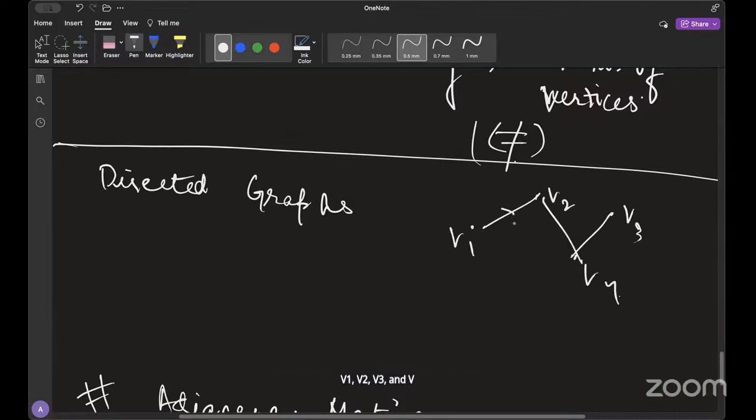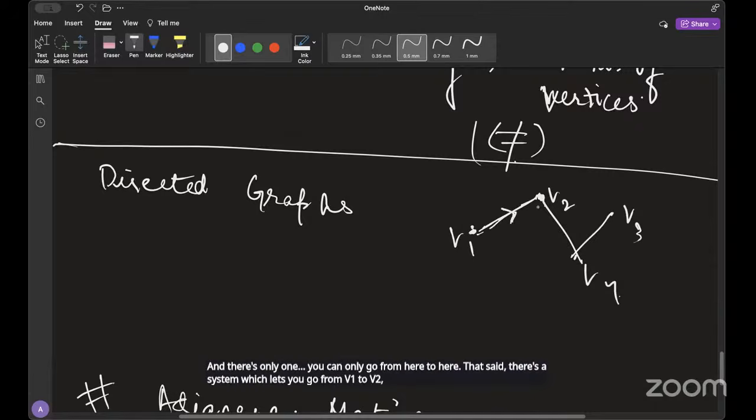But if we include directions here, that means let's say this is one place and this is some other place, and you can only go from here to here. Let's say there are flights. This one is an airport, this one is another airport. These vertices are airports, and there's a flight from V1 to V2.